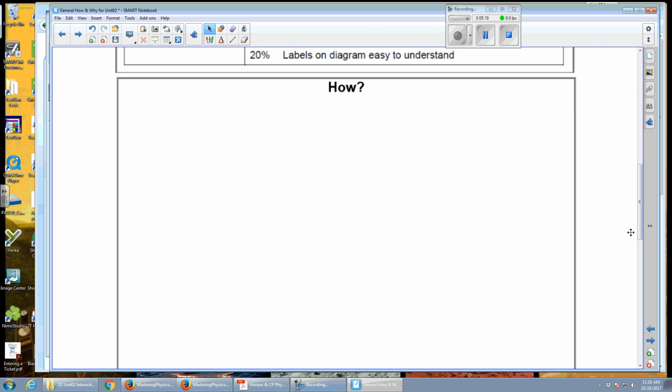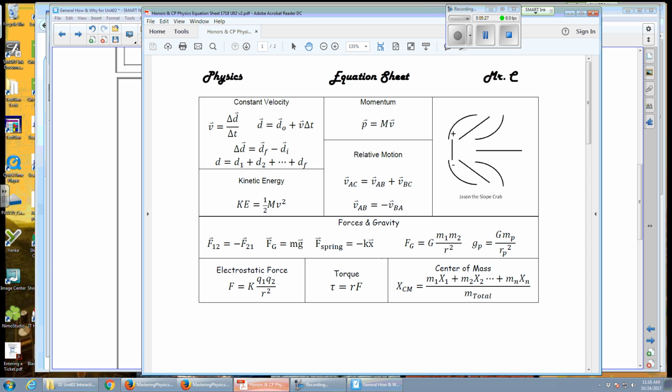So, we want to do the first part, part A. First thing I need to do is have that valid physics equation. So, since it's a center of mass problem, how many equations do I have to pick from? One. The one listed under center of mass, right?